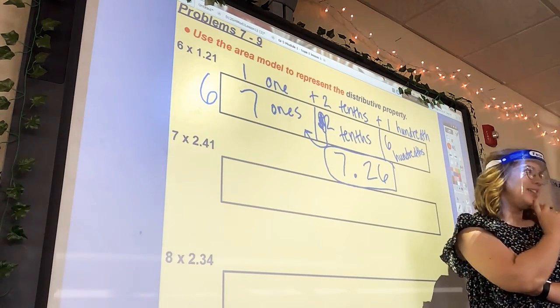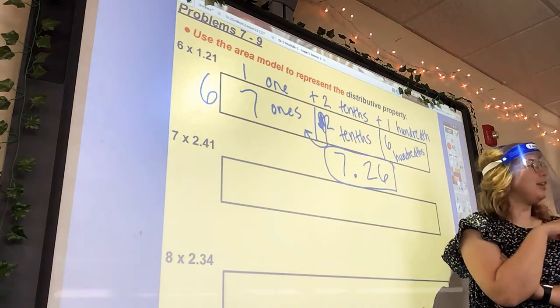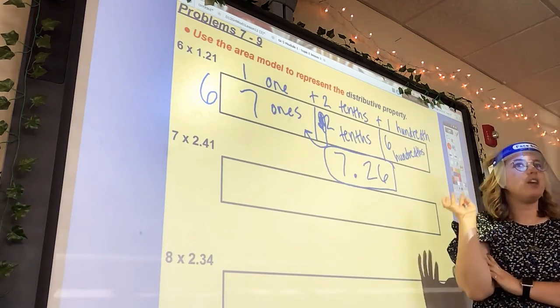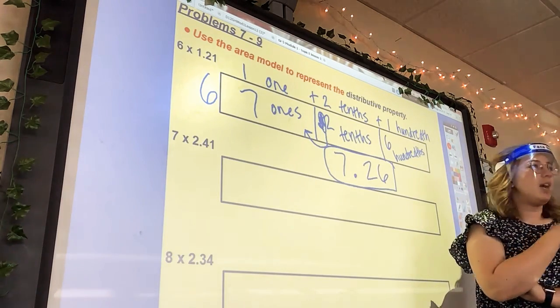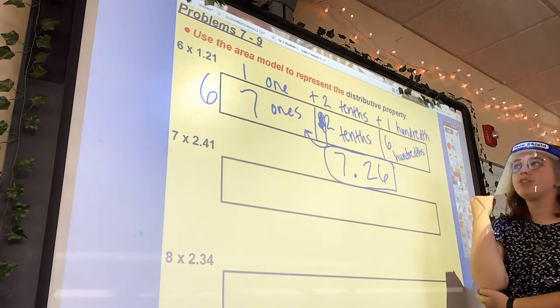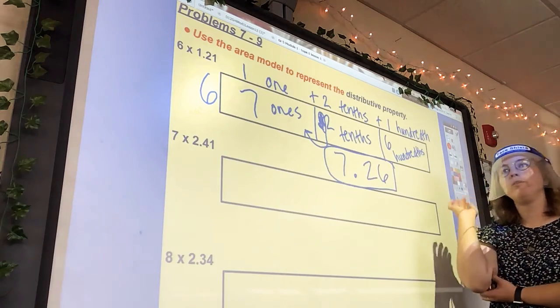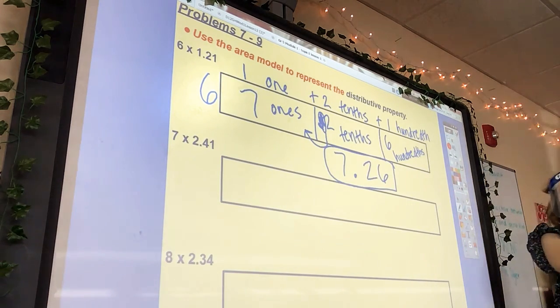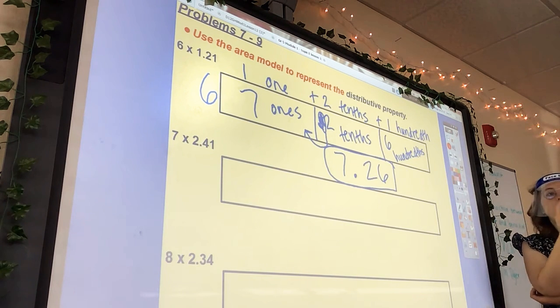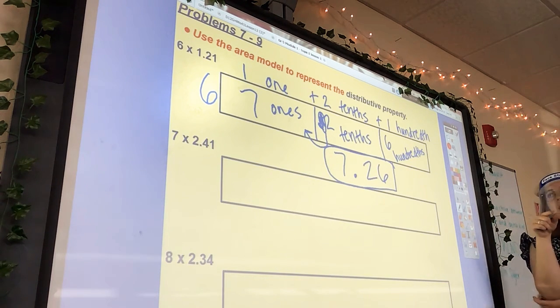Because honestly, guys, I'm realizing right now it's a lot easier than going from left to right, as you saw in the last example. It got a little confusing. So we should treat it like we're doing the standard algorithm, and go from right to left. So Charlie, give yourself a pat on the back. That was awesome.